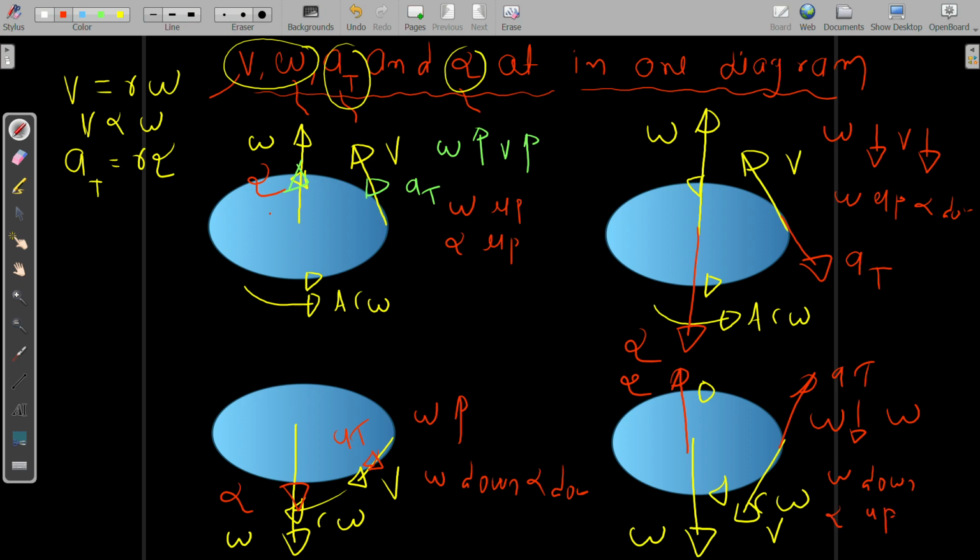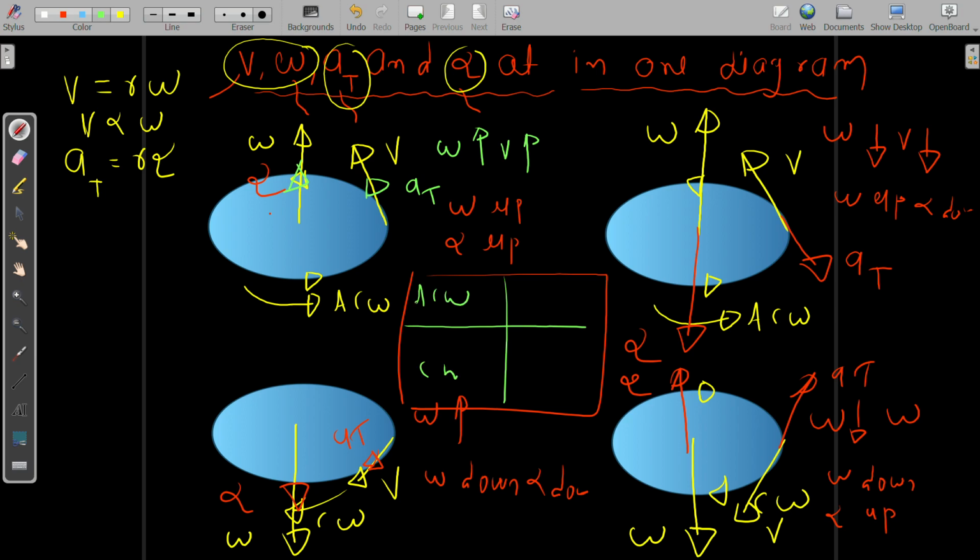So what is the short table you can make here? Let us take anti-clockwise and clockwise. Anti-clockwise has two cases: omega increasing, alpha up; omega decreasing, alpha down.